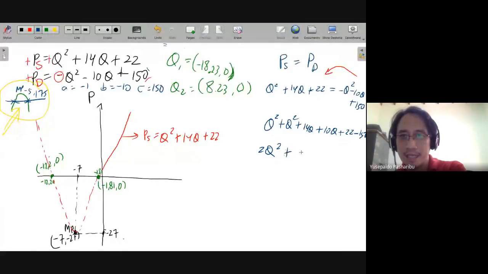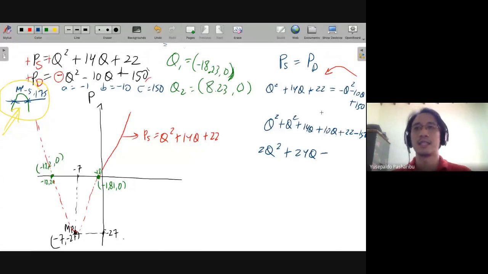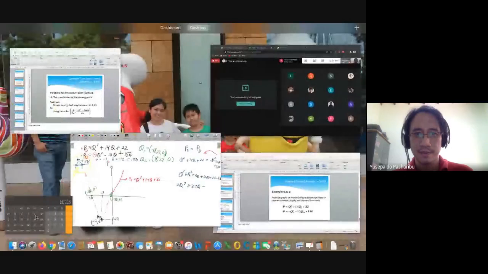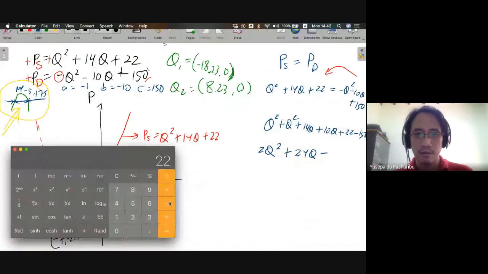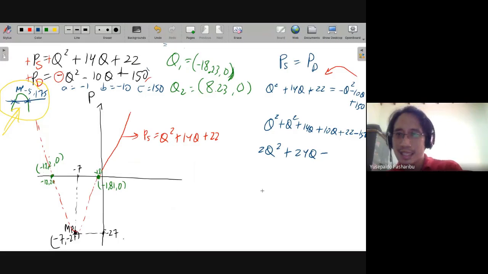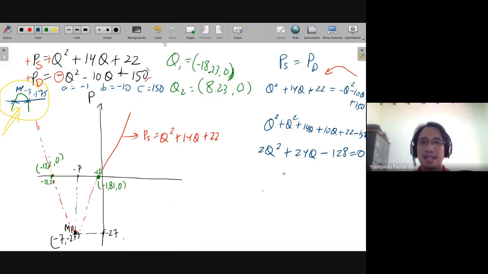So 2Q squared plus 24Q, 22 minus 150 is minus 128. Yeah, this is the new equation, and we try to find the Q and P.